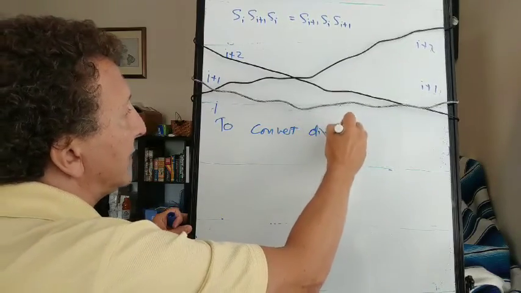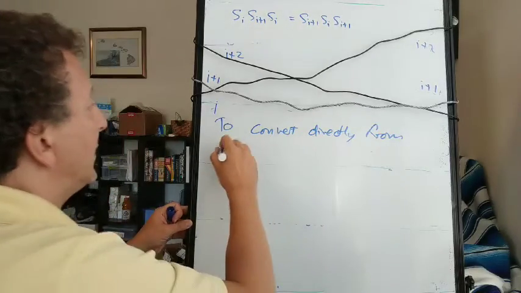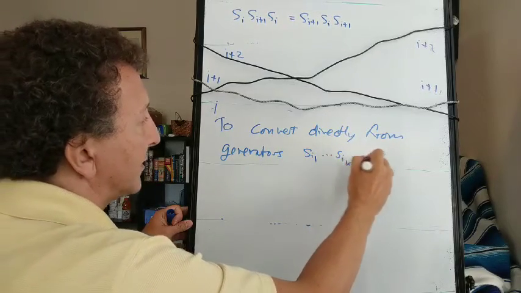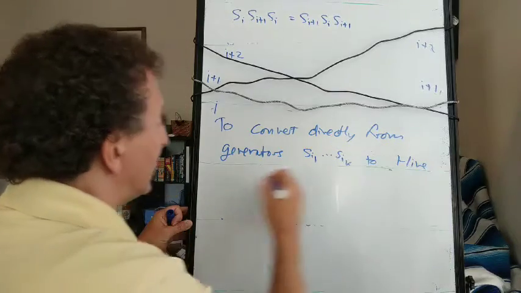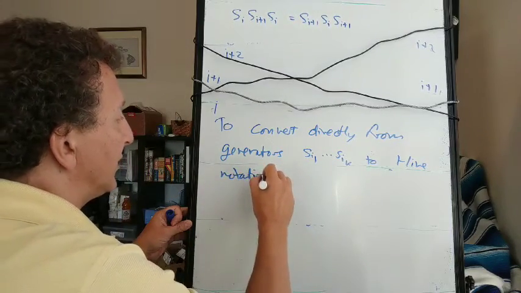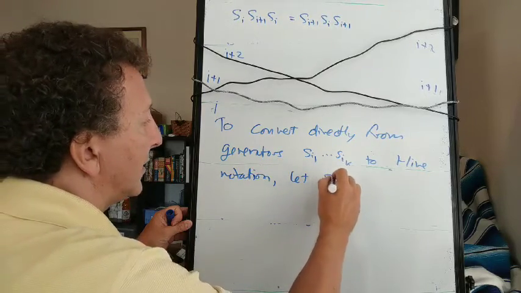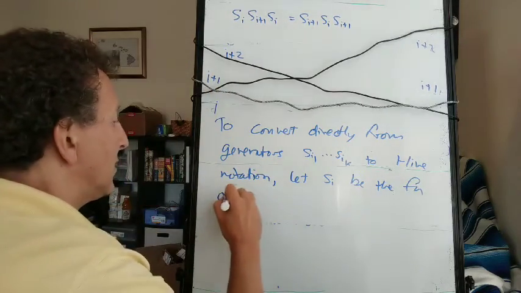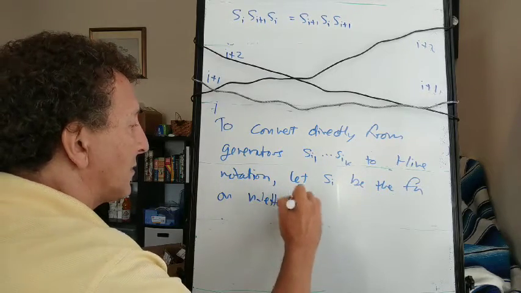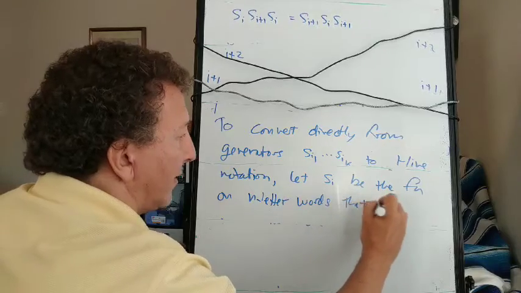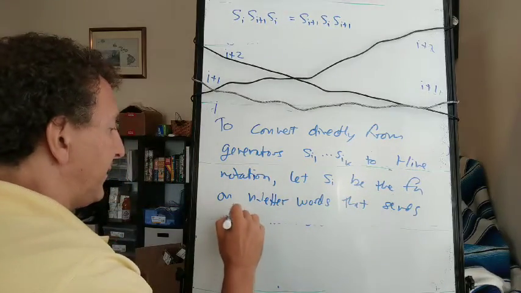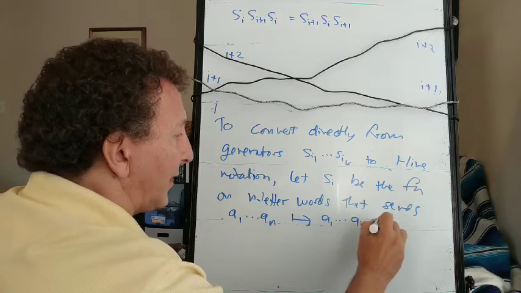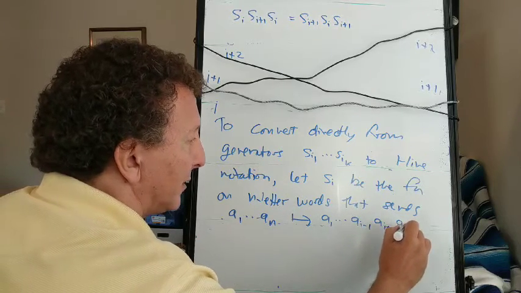So to convert directly from generators, some expression like this, to one-line notation, let's let s_i be the function on n-letter words that sends a_1 through a_n to the same word with a_i and a_(i+1) swapped.